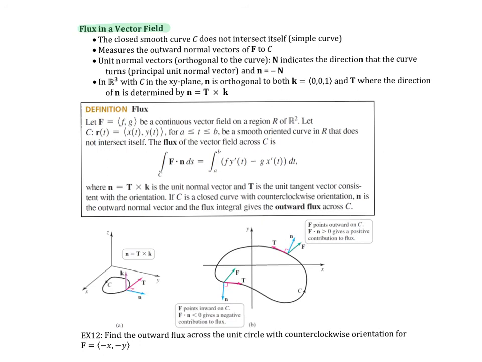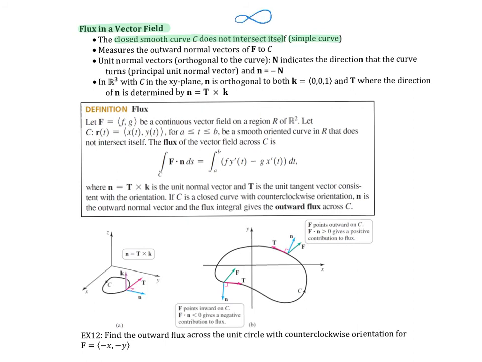In this case, we not only need a closed, smooth curve, we also need a curve that does not intersect itself. So that's what we call a simple curve. So it's a little bit more than what we needed for circulation. We can't have a curve that intersects onto itself.